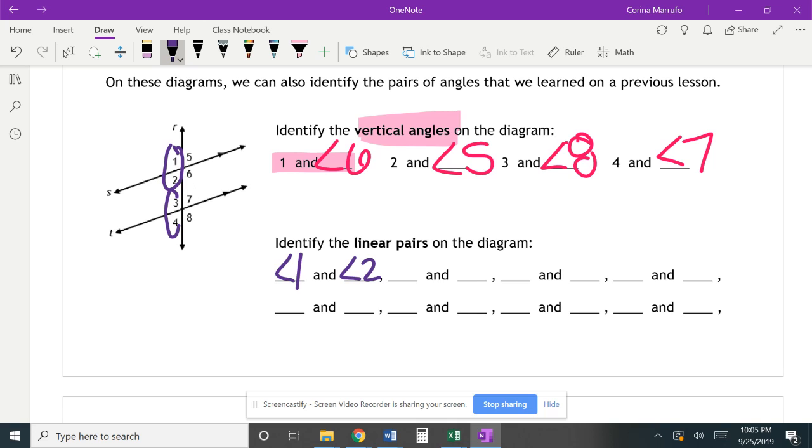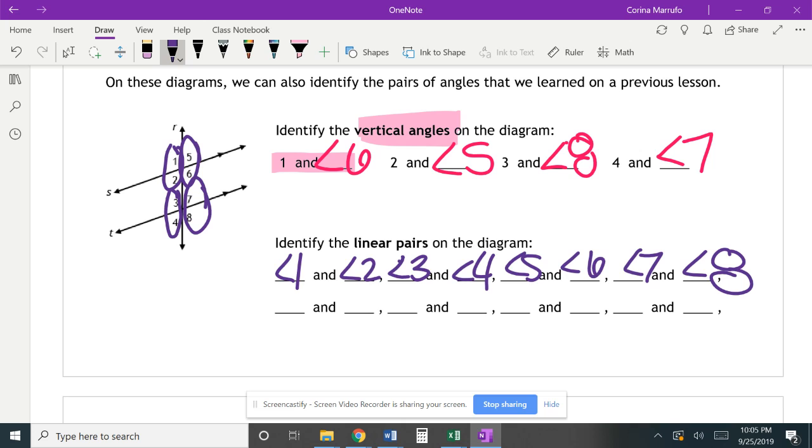Then we have 3 and 4. So angle 3 and angle 4. And then we have 5 and 6. So angle 5 with angle 6. Then we have 7 and 8. So angle 7 and angle 8.